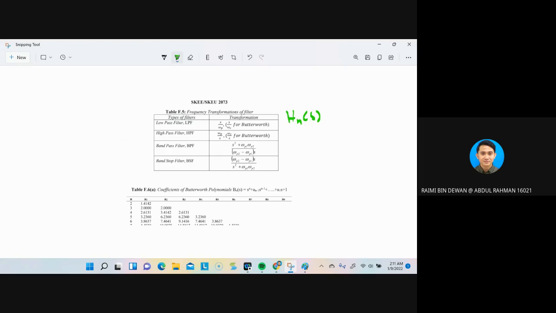For example, if it's a low pass filter and a Butterworth, then H(S) equals H_N(S) with S replaced by S over omega C. Anything that has an S element will be divided by omega C, in order for us to obtain the actual transfer function from our normalized transfer function, which is shown by the N here.